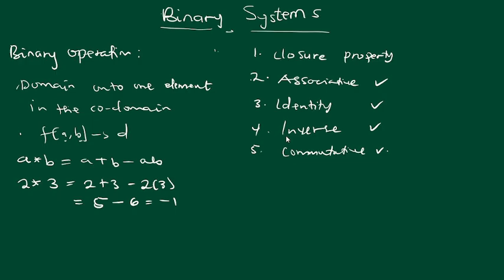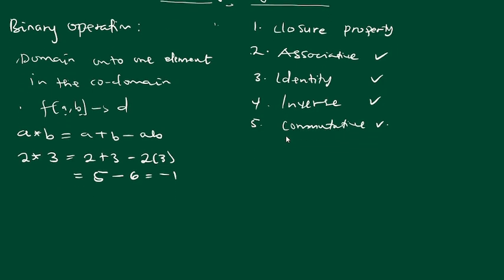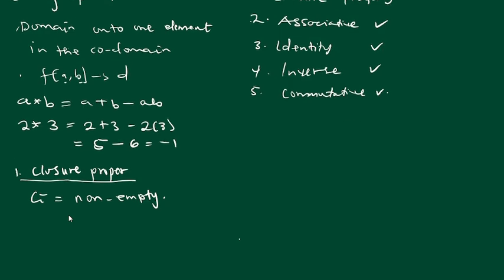Now, let's take them one after the other. The first one is the closure property. Suppose we have G as a non-empty set.